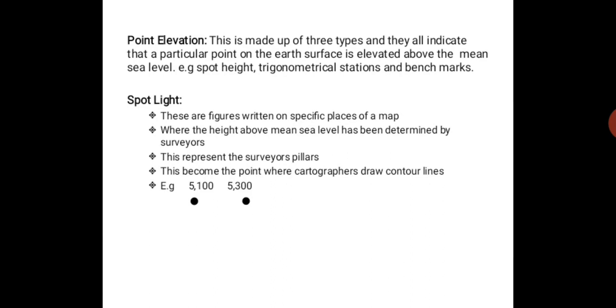These are figures written on specific places of a map. When you see the surface of a topographical sheet, sometimes you see figures written, 2100, 3500, 2000.